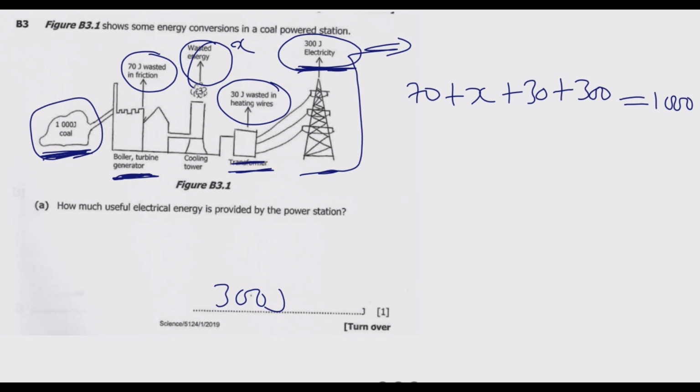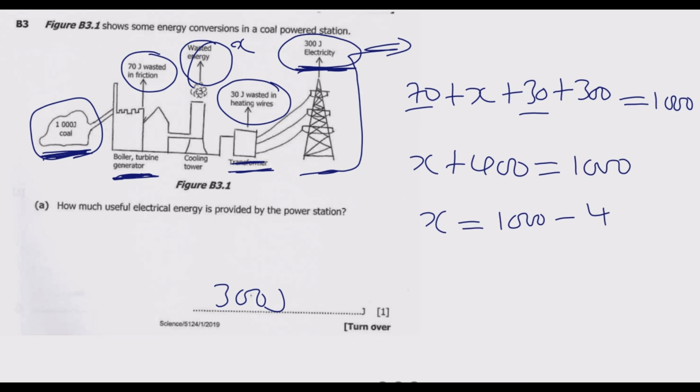Then when we add 70 plus 30, which is 100, plus 300 is 400, so x plus 400 is equal to 1000. Then x is equal to 1000 take away 400, so x is equal to 600 joules. So 600 joules is wasted at the cooling tower.